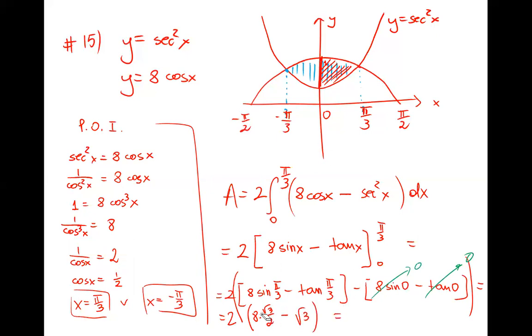That's what we have. We have 4 square root of 3, minus another square root of 3 times 2, which is 3 root 3 times 2, 6 root 3. And let me just check my notation. I think, yes, I did. This is the correct answer.